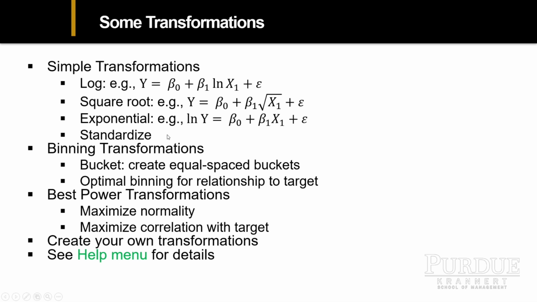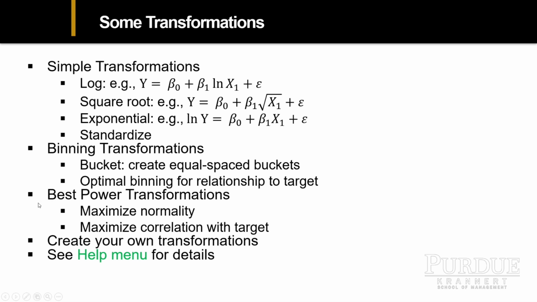You can use standardize. And the second option is to use binning. For example, you could have an interval variable with many different values, and you may want to group these values into different buckets. This can improve the predictive power in some examples.